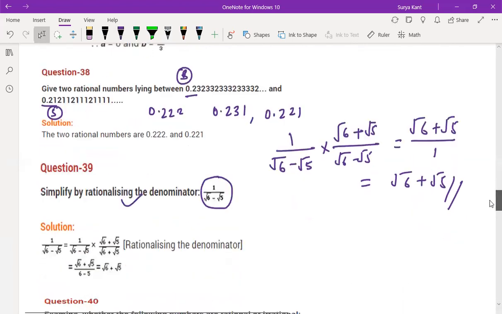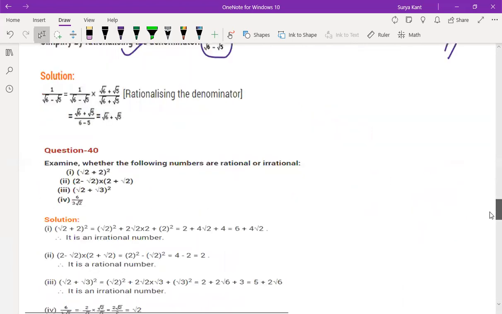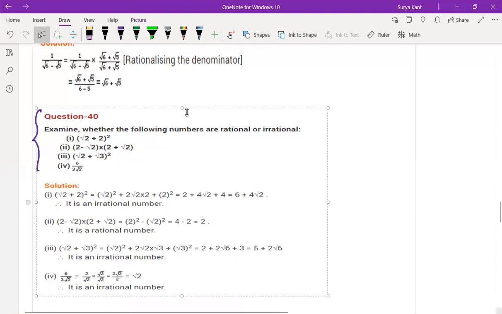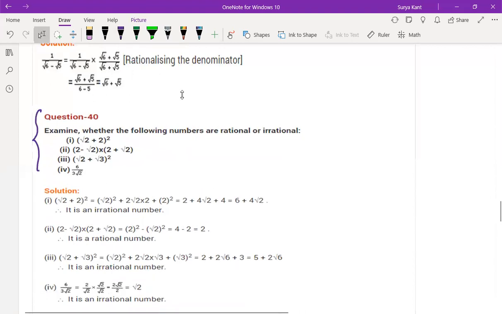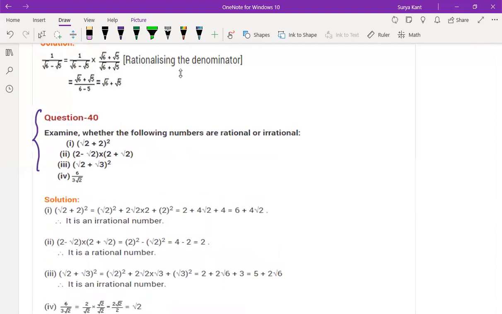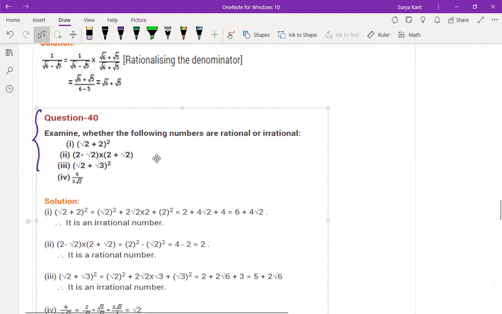Next question, again they are asking which is rational and which is irrational. It's very easy. Just expand this and we'll get to know whether it is rational or irrational. If anything is coming in root, that is irrational. If any integer is coming, then it is a rational number. Suppose root 2 plus 2 whole square. Just expand this.